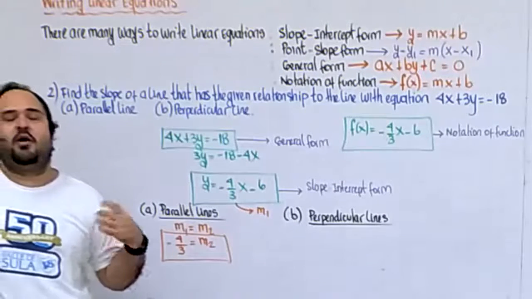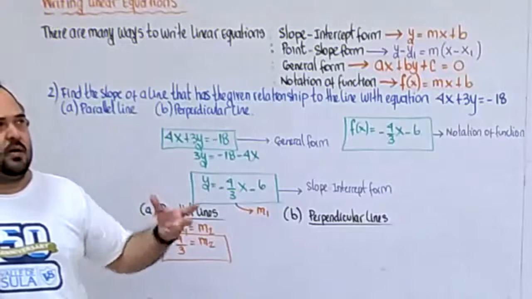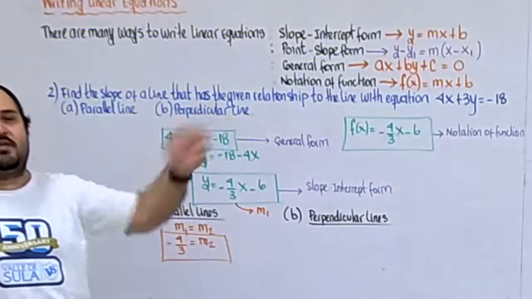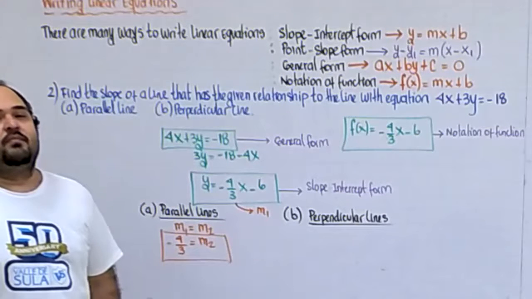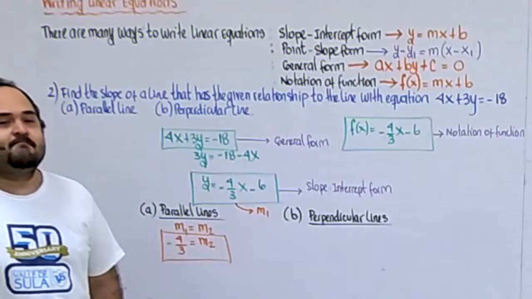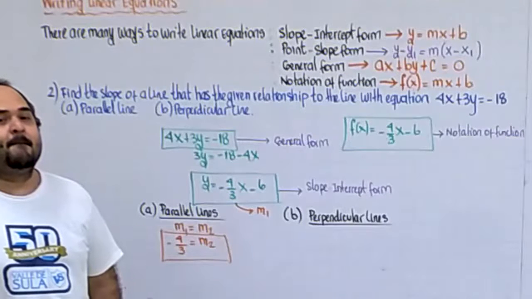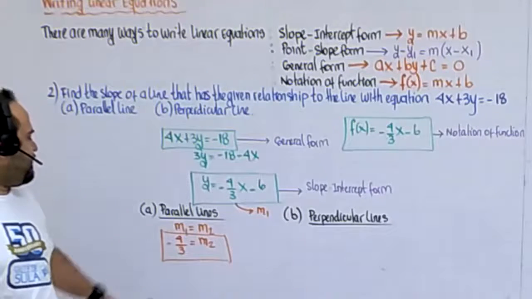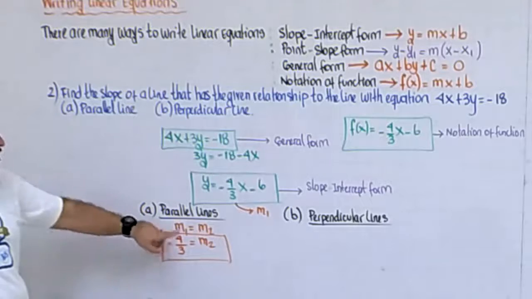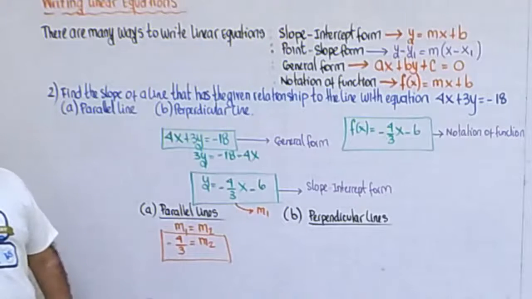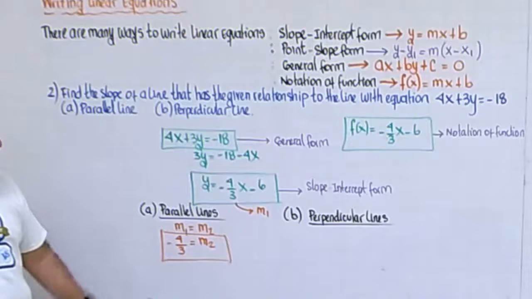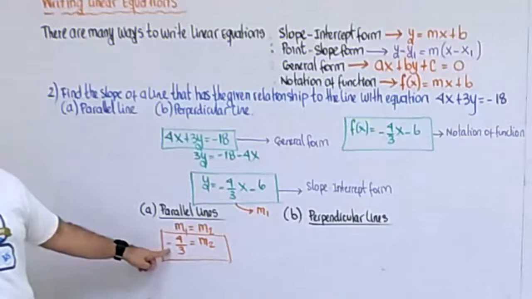The reverse, so to speak. Any idea? What is the reverse of negative 4/3? The opposite: negative 3/4. Okay, remember, the opposite of negative will be positive, right?